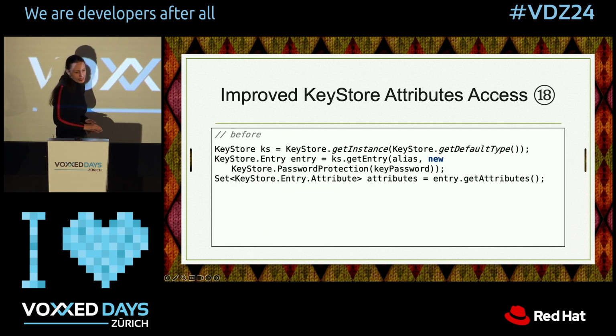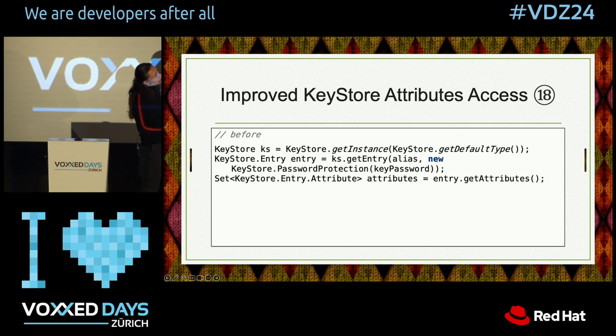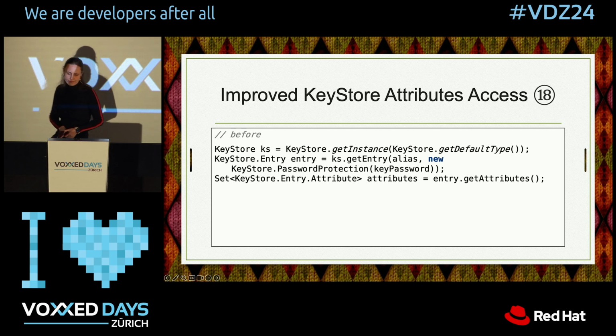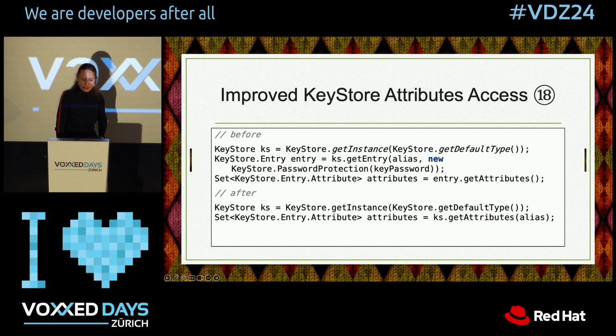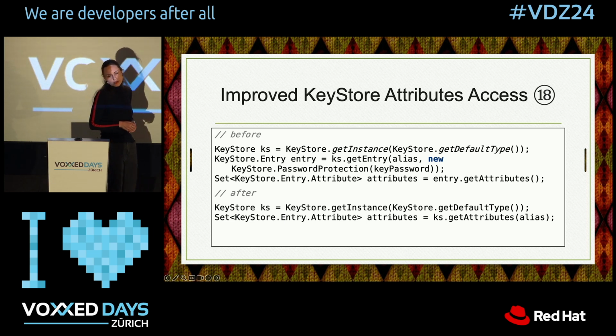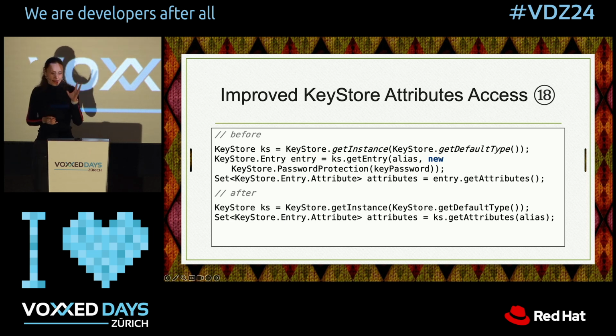Next, JDK 18 also brought an improvement on KeyStore APIs. So there is a new getAttributes for aliases method in the Java KeyStore API. Before this change, and you can observe here in the code, the attributes of an entry could only be obtained if you're using the getAttributes method of KeyStore.Entry.